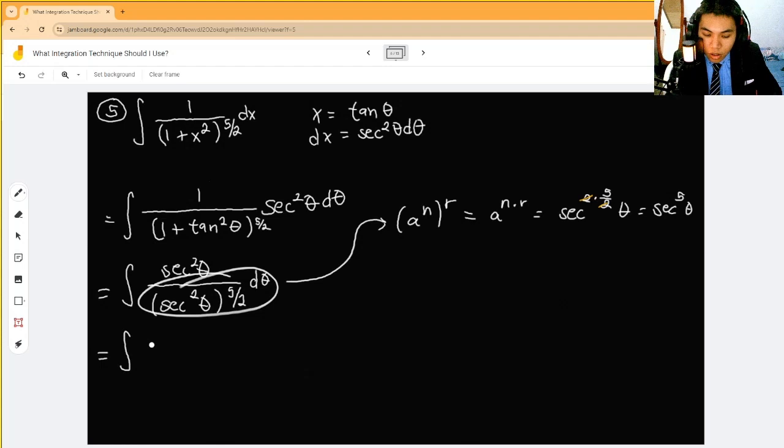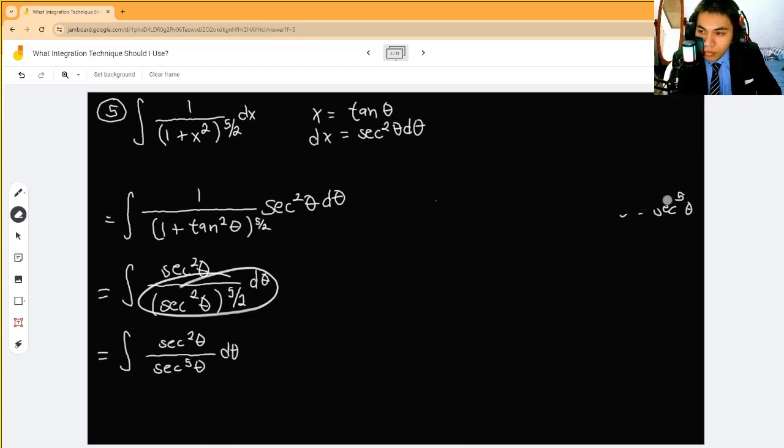The integral of secant squared theta over secant to the 5th power theta d theta. And now we can just reduce the power.